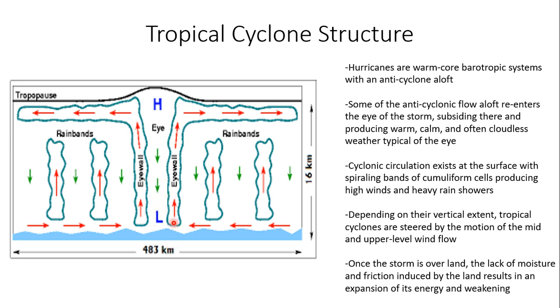These systems overall, tropical cyclones, are warm core barotropic systems, and high pressure aloft tends to evacuate. See the red arrows here spreading apart in the upper levels of the atmosphere. That tends to provide that upper level divergence, remove the mass aloft, and that increases low level convergence at the surface, causes the air to rise more vigorously in the eye walls, the eye wall portion of the storm.